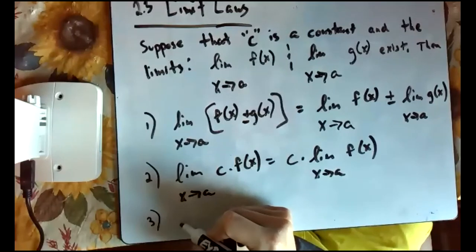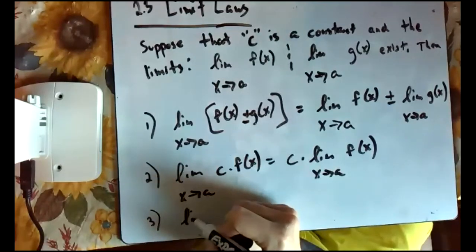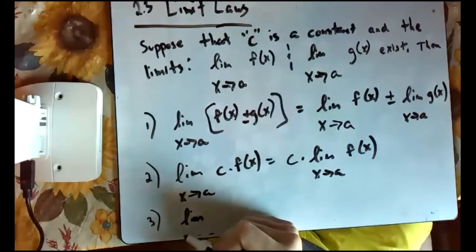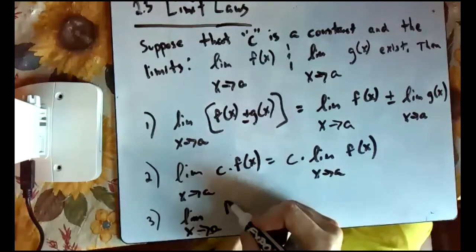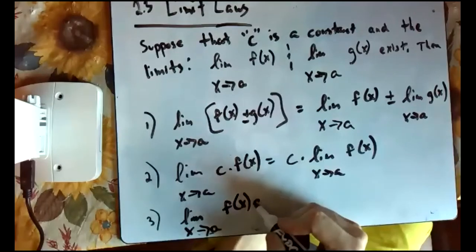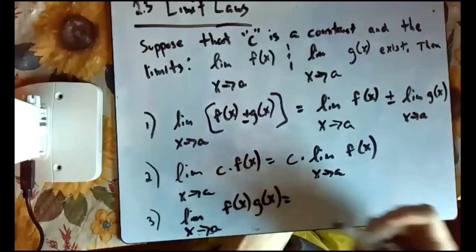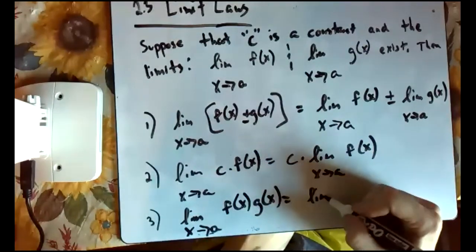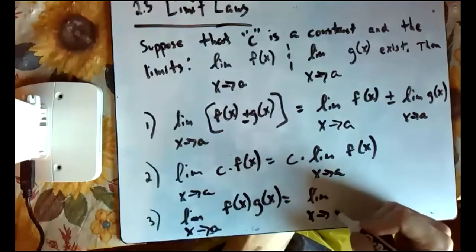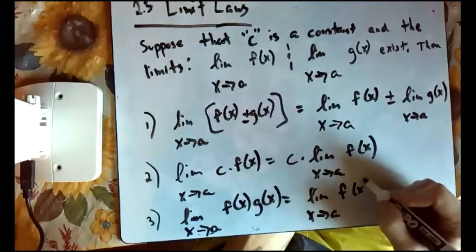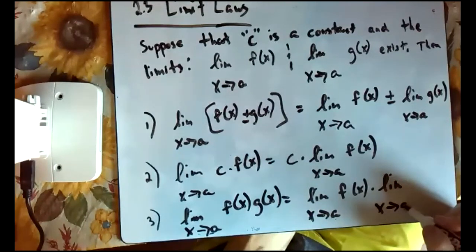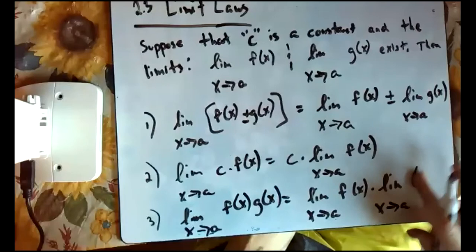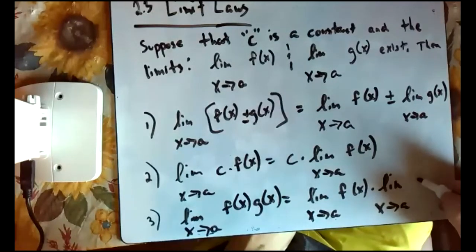The third one is, what if we're multiplying, right? Like if I have the limit as x approaches a of f of x times g of x. So I could say, hey, it's the same thing as the limit as x approaches a of f of x times the limit as x approaches a of g of x.